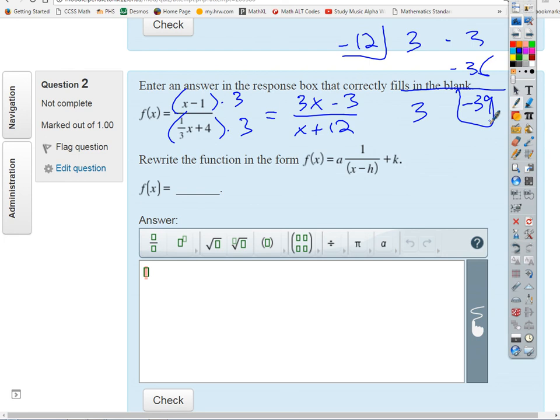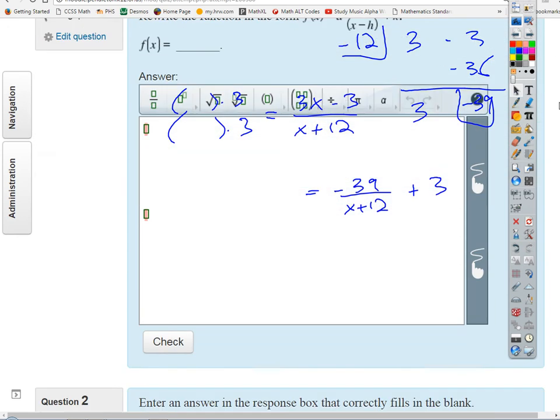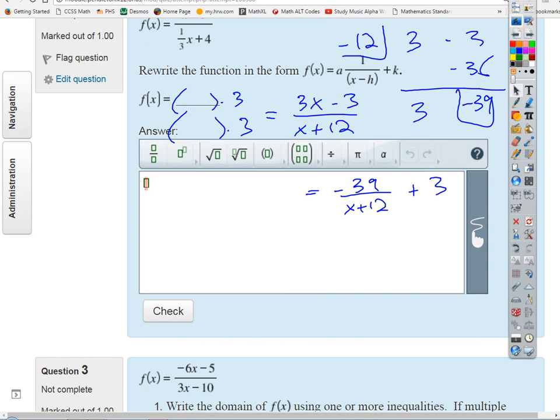So this whole thing, I could just set equal to negative 39 over x plus 12 plus 3. I could pull the negative 39 out front and make that a. If I want to write it in that form, then I just have to factor out whatever is in the numerator, and that becomes a.